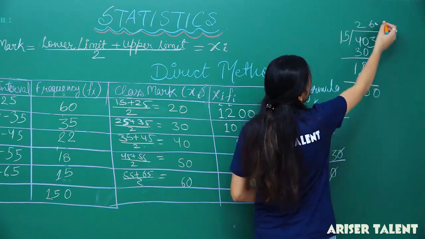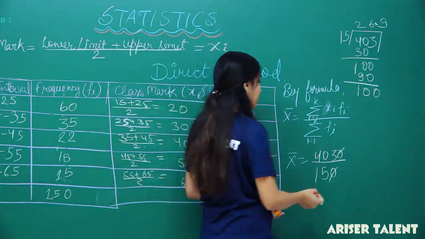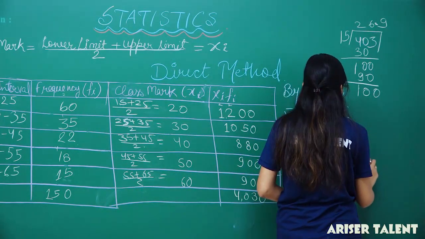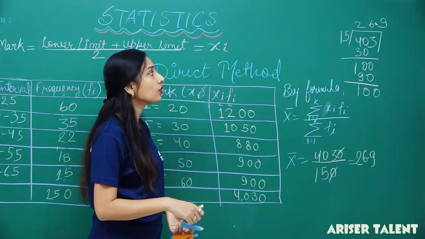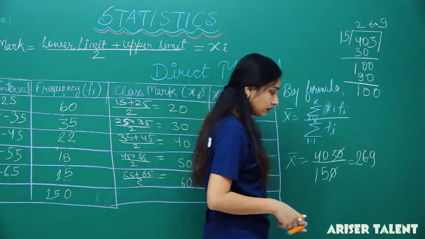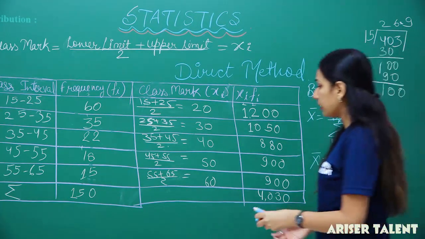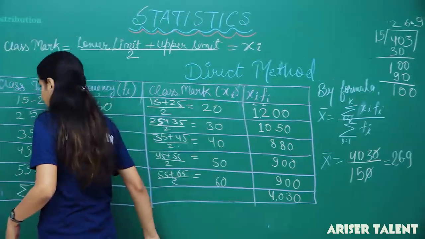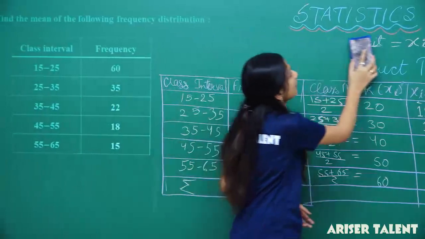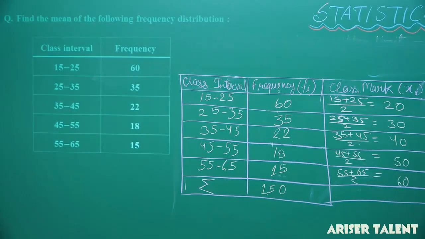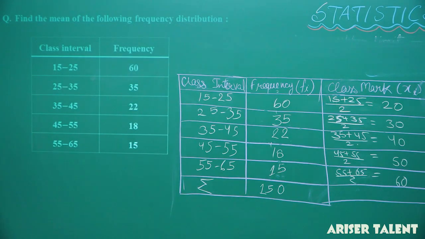Okay, so 26.9, that will be the answer. Because this will carry on like this only. Okay, so note this. Now student noted it. So this is the first method, and what was that? This was the direct method.